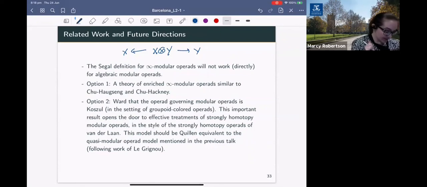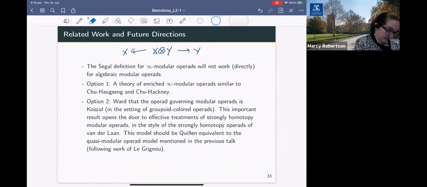There are a couple of ways that you could choose to model that if you want. One is to use a theory of enriched infinity modular operads. There's a version for operads by Chu and Haugseng, and then for properads by Hongyi and Phil and Chu and Hackney.